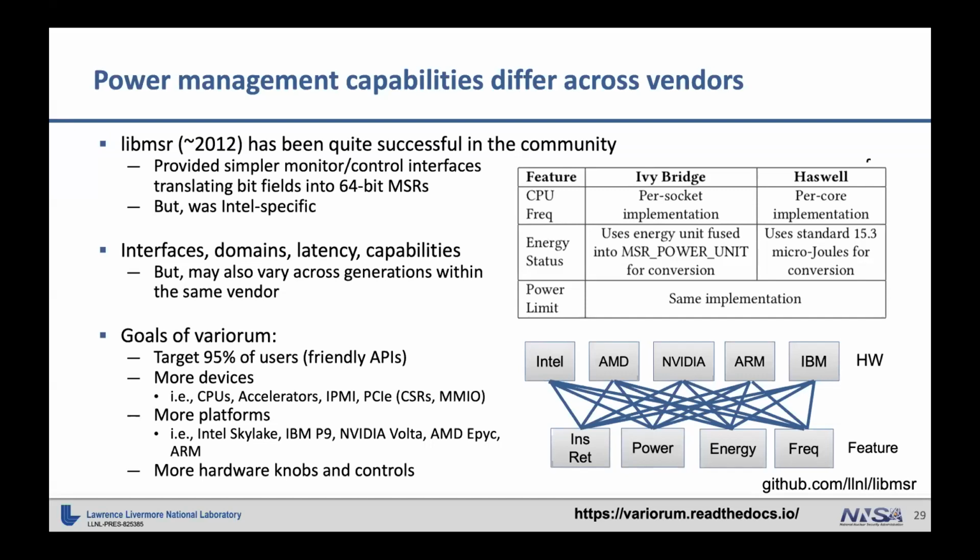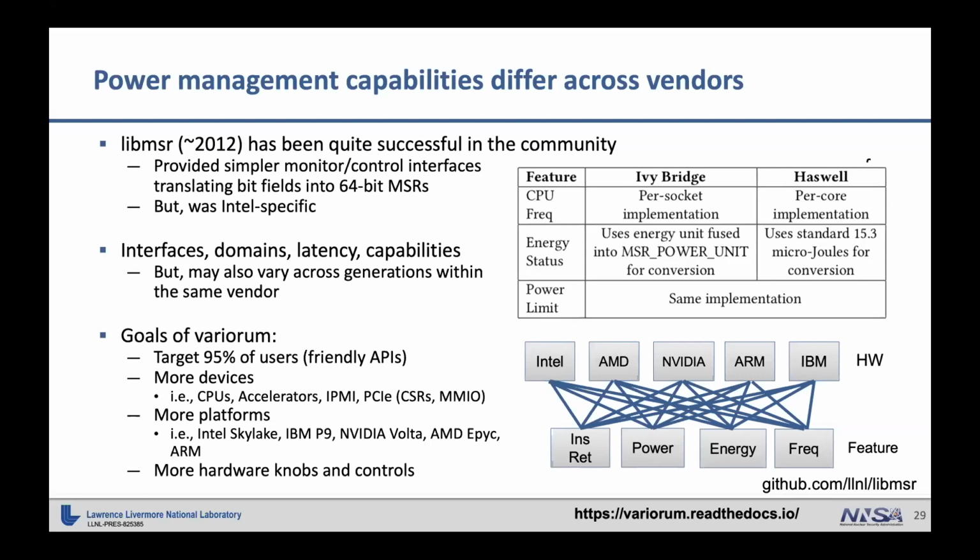But one of the challenges we have with libmsr, especially as we start looking to more heterogeneous systems, is that libmsr was Intel specific. We had started it back with Sandy Bridge and had just ported it to newer and newer Intel architectures. But as we start to see these newer devices and different devices across the board, we weren't going to be able to continue supporting libmsr.